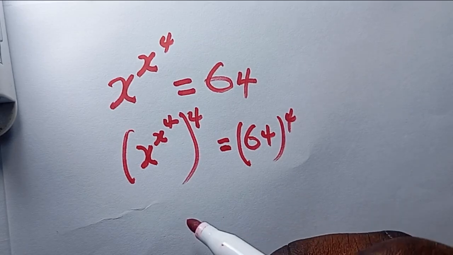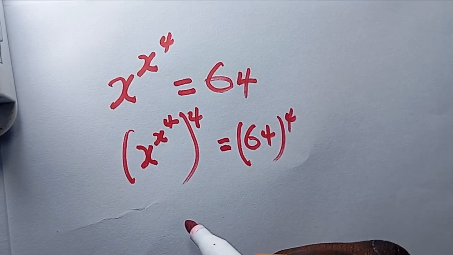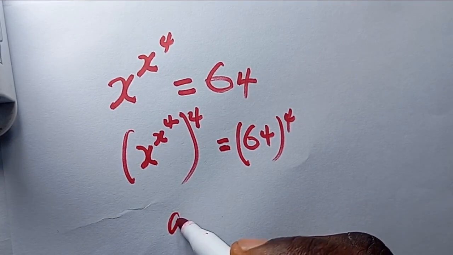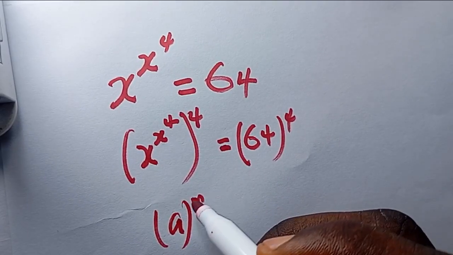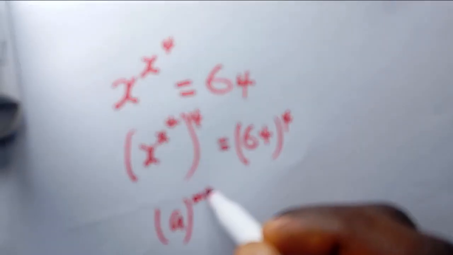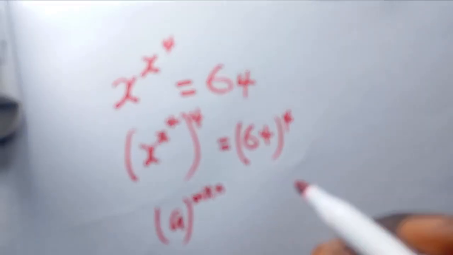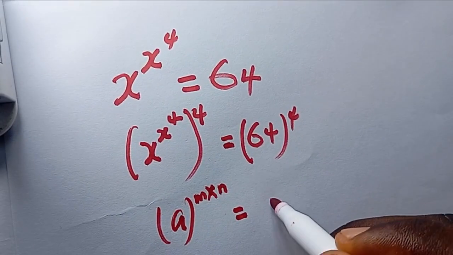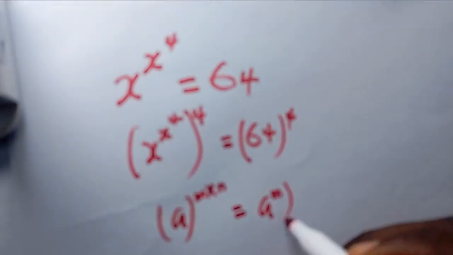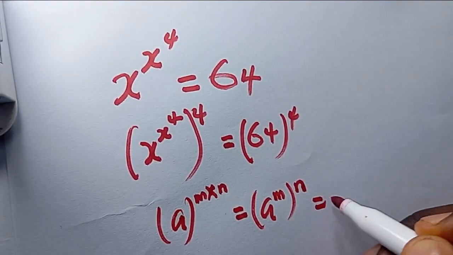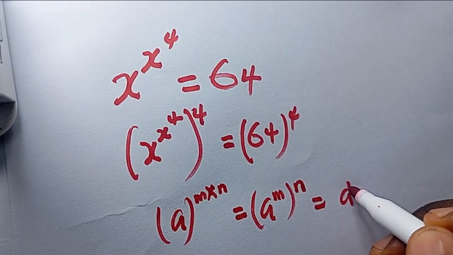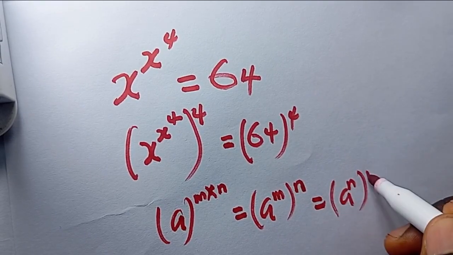Then you should remember this exponential law of indices, which basically says that when you have a power m, raised to power n, you can actually write this as a power m times n. Of course, this can also be written as a power n, and then you put out the m.